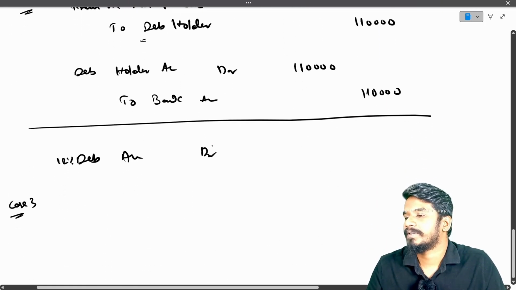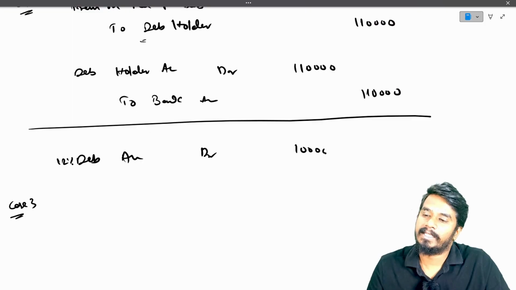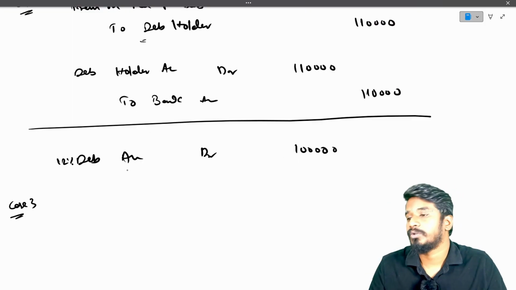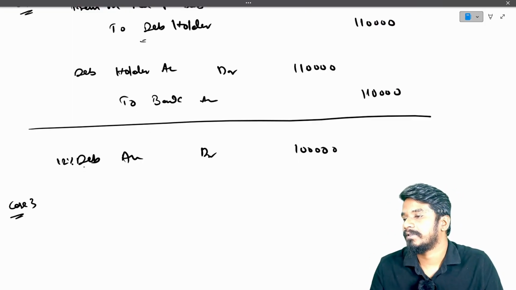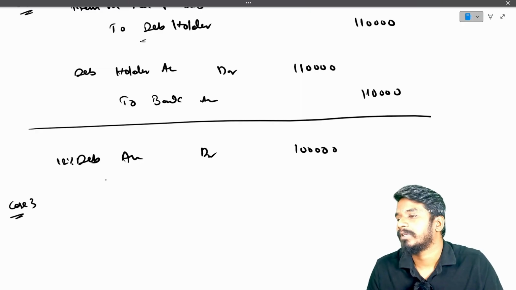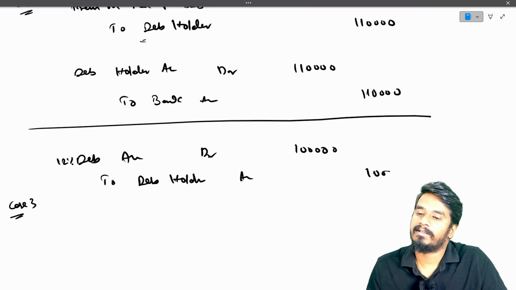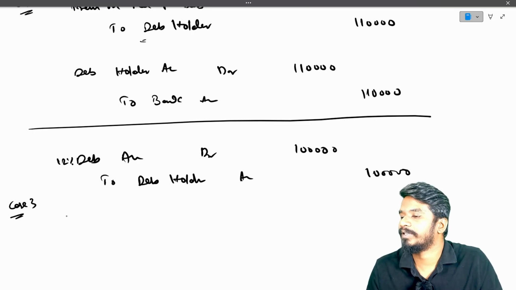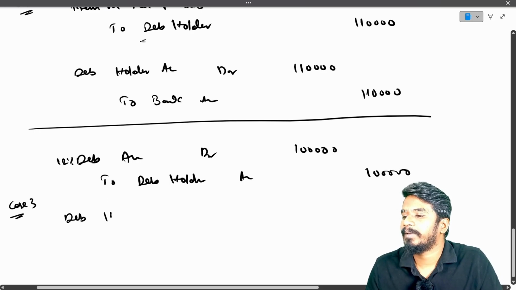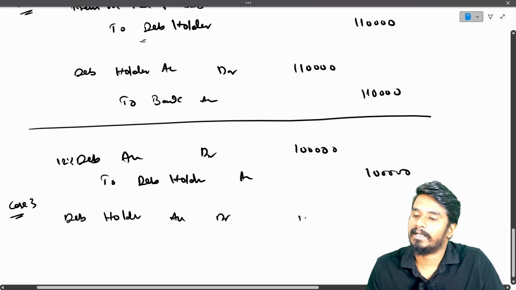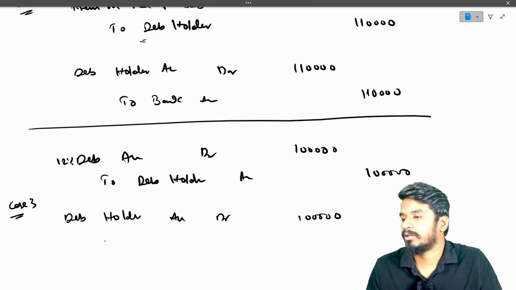For 1 lakh rupees. So we don't have anything to do with the issue premium, right? We are concerned only about redemption premium. And debenture holders account will get credited for 1 lakh rupees, and debenture holders account will get debited for the same 1 lakh rupees.